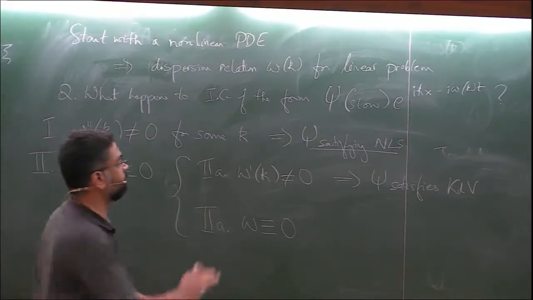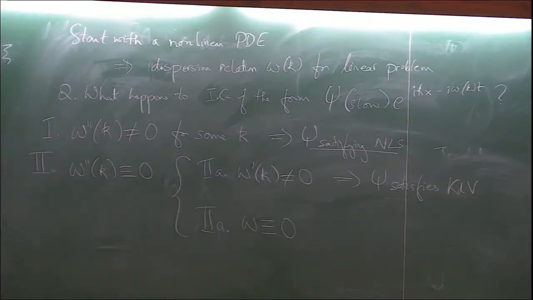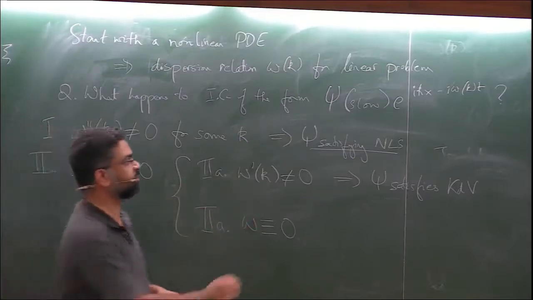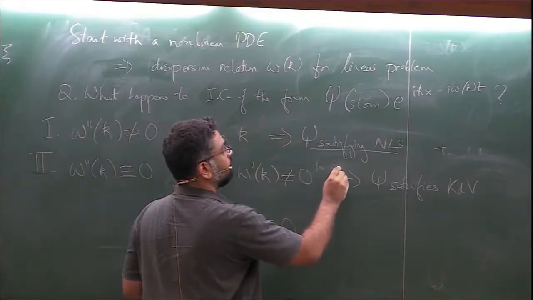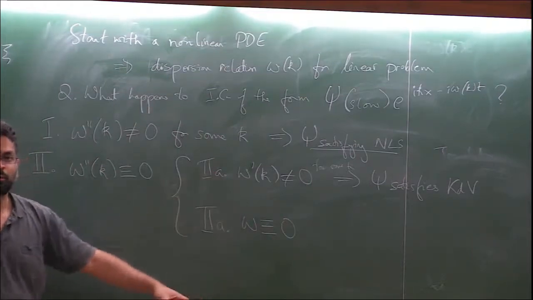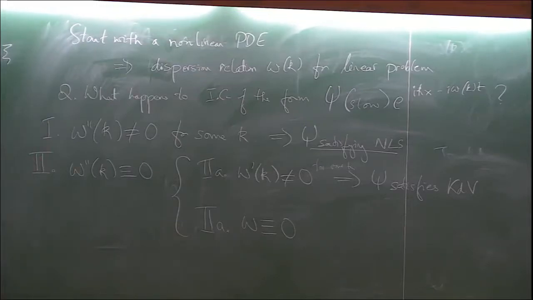This is omega prime. Yeah, because suppose the opposite of this, so this is for some k, right? Then the opposite of that is omega prime of k is zero for all k. Omega is zero.